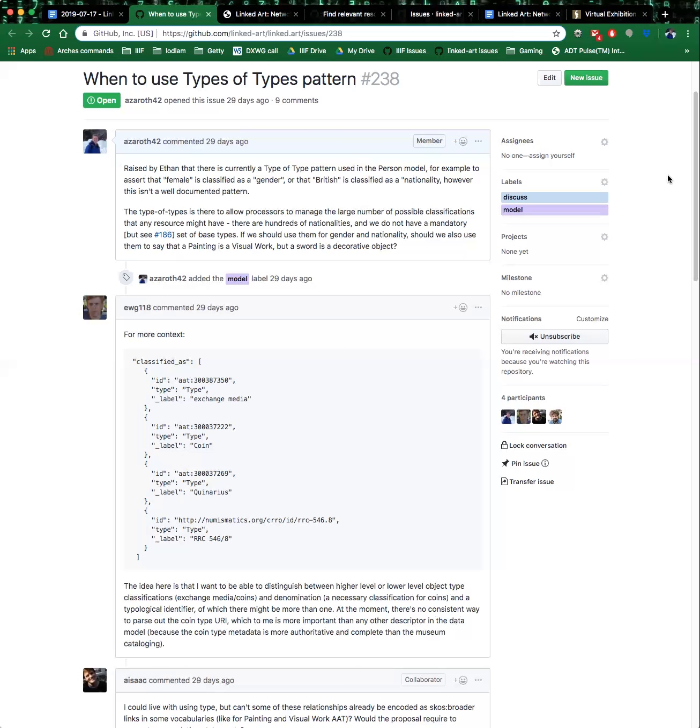So the Autry here in Los Angeles, which is a Southwest museum, I'm certain has many more categories for its specialized area than AAT does.